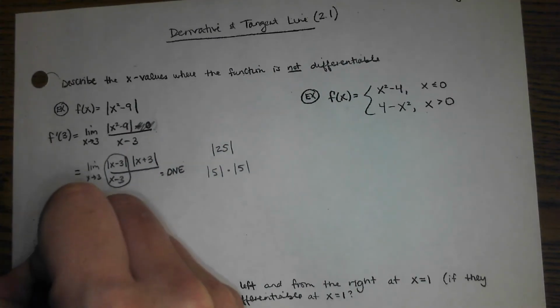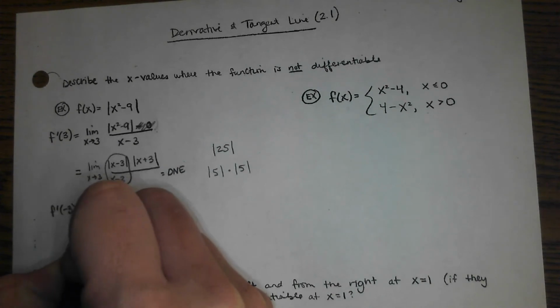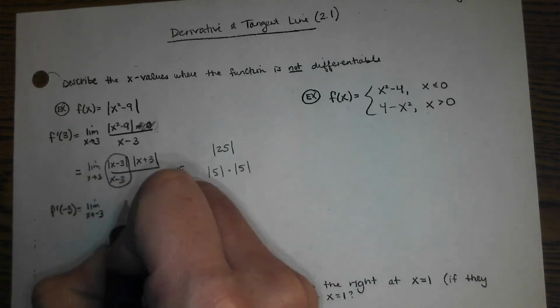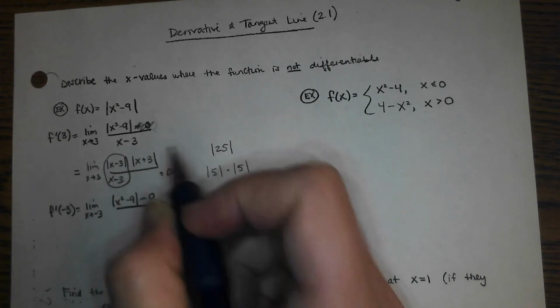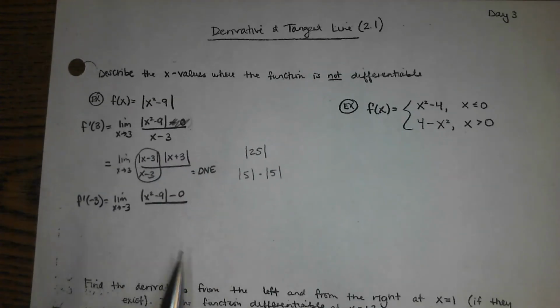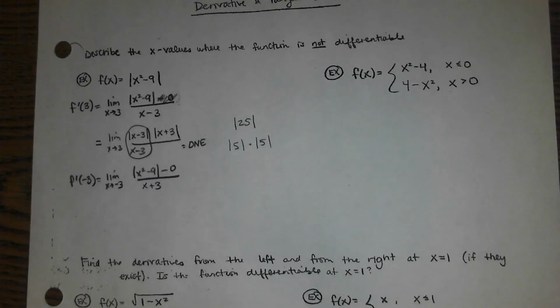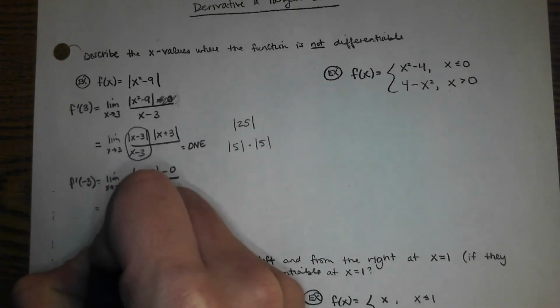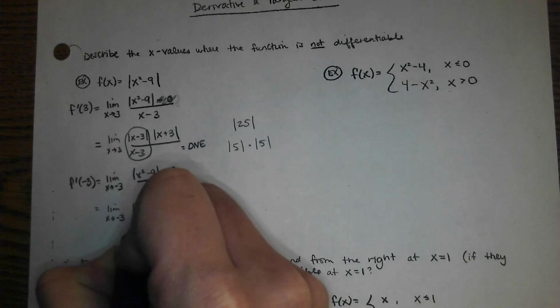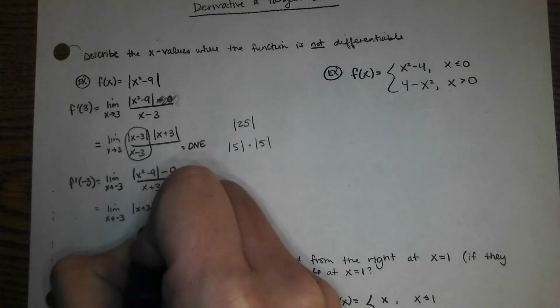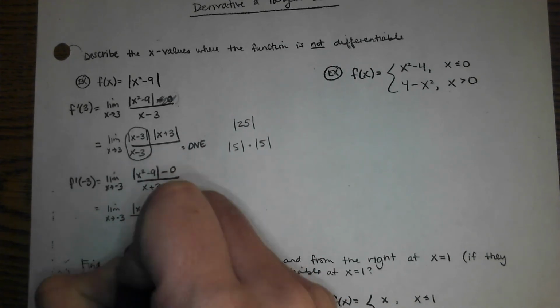If we plugged in the -3, it's going to look virtually the same. The top is still going to be x squared minus 9 minus 0. The bottom, though, will be x minus -3, which will turn into an x plus 3. But by the same logic of factoring out that x squared minus 9 into x plus 3, x minus 3, all over x plus 3.